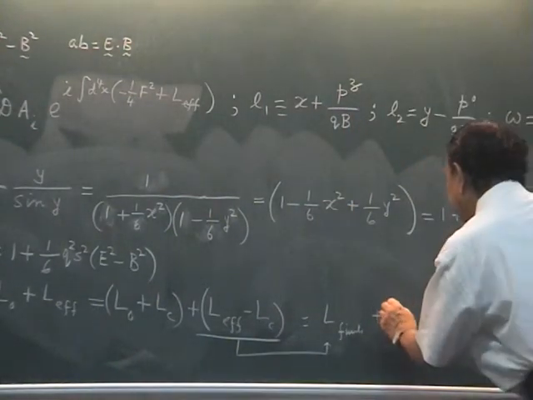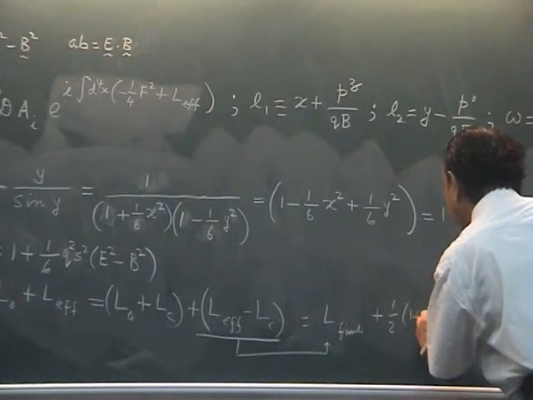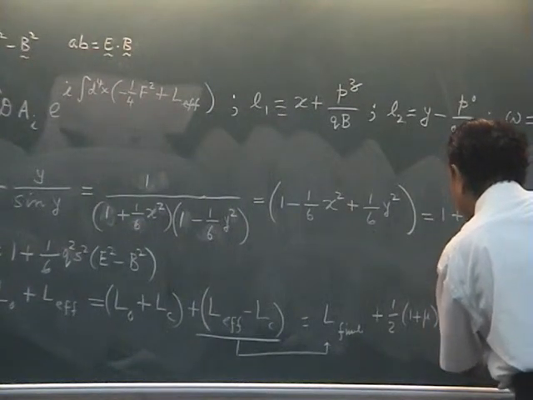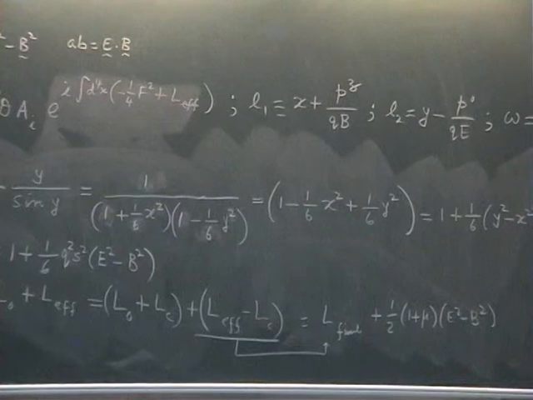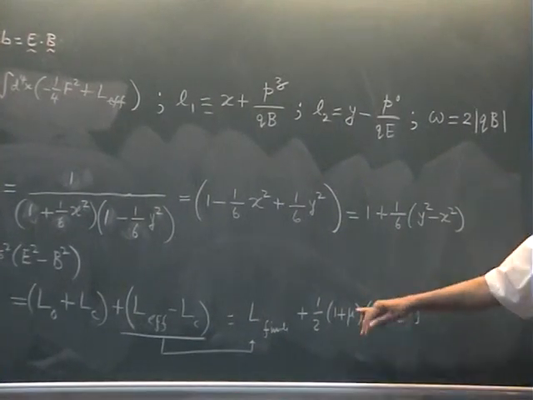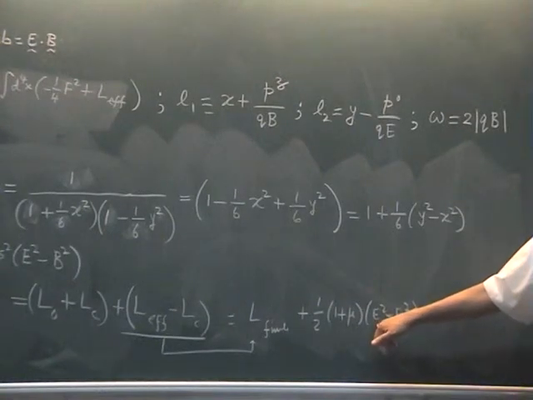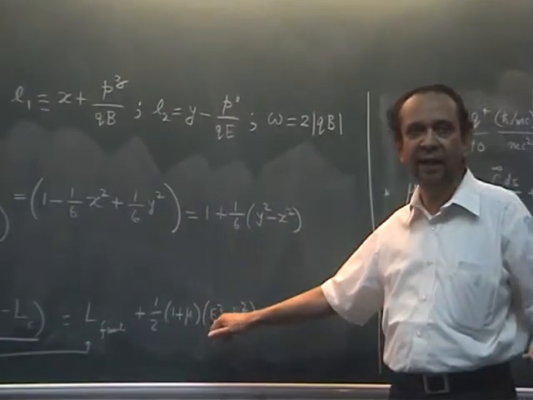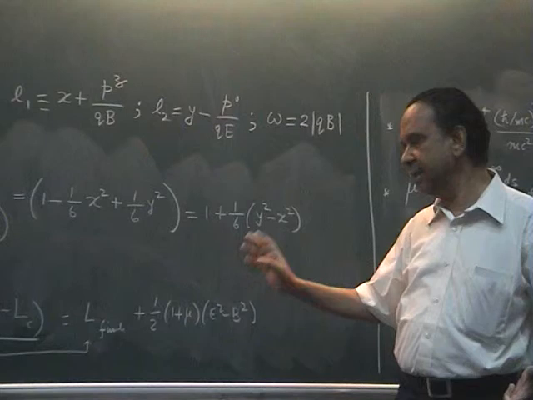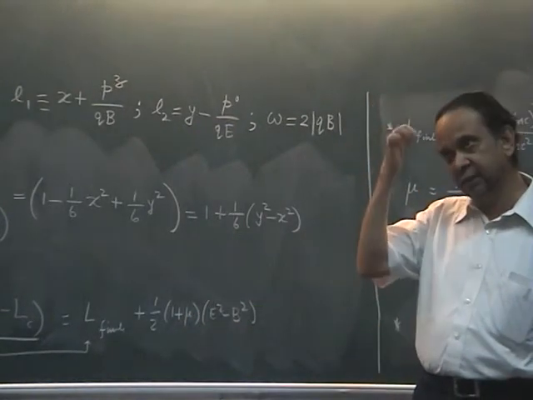So I am going to get half into 1 plus mu into E square minus B square. Okay, so it essentially says that if our original constant, so to speak, was half, and if I had originally written down the Lagrangian with a coupling constant alpha by rescaling E by alpha times V, if there was an alpha, that alpha gets rescaled into alpha into 1 plus mu. Okay, so this is what is happening.